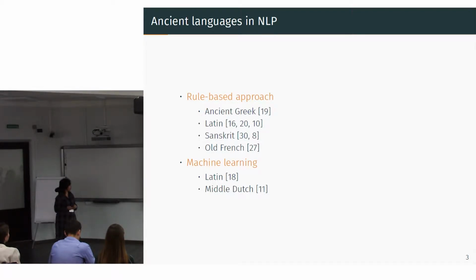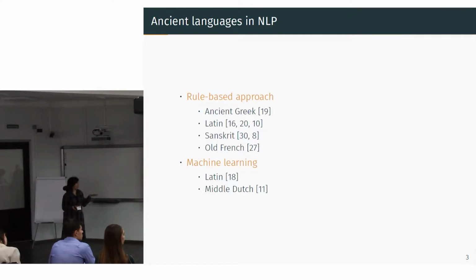They're quite old actually, from the 80s to the beginning of 2000. And then the latest works are based on machine learning, but it's only for Latin and Middle Dutch. It's an open source based study. I can't find anything else.